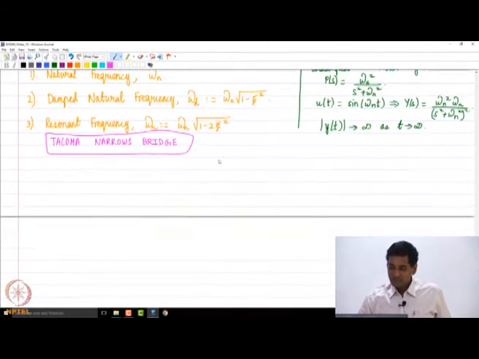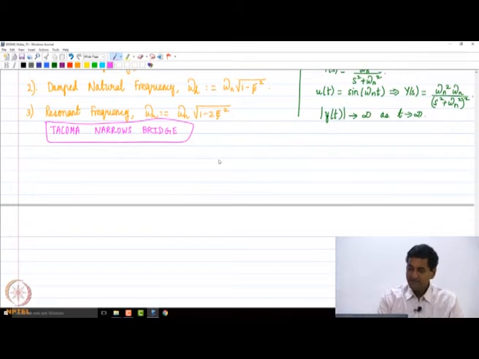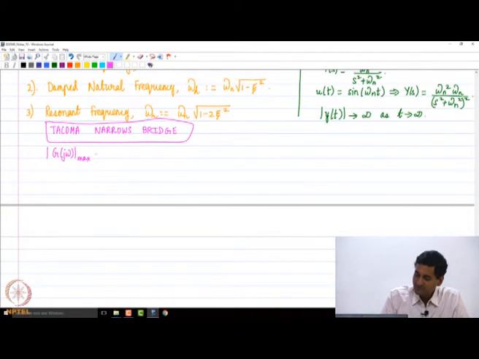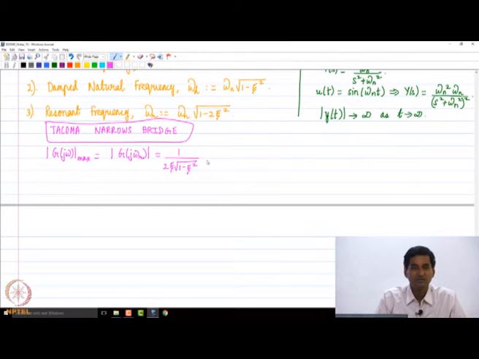Please do that, and we can easily show this too; I am going to leave it as homework. The maximum value of the magnitude of g of j omega, at omega equals omega r, is going to be 1 divided by 2 zeta times root of 1 minus zeta squared. You just need to plug the value of omega into that expression.